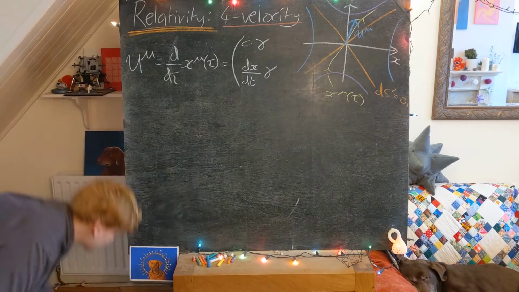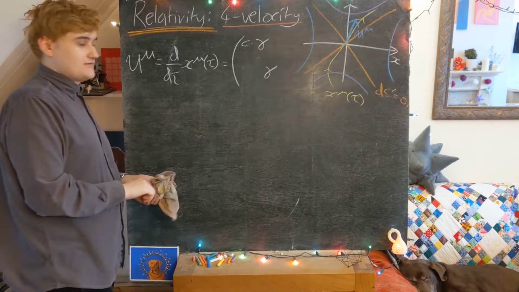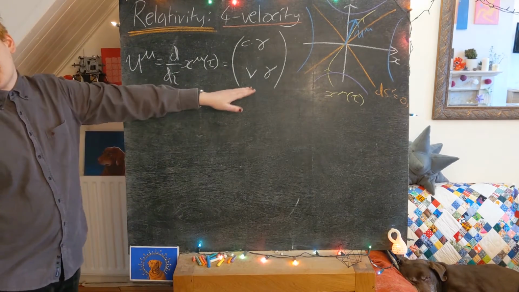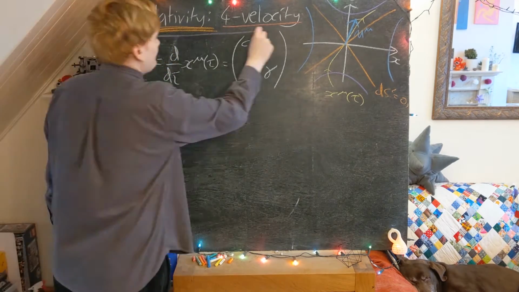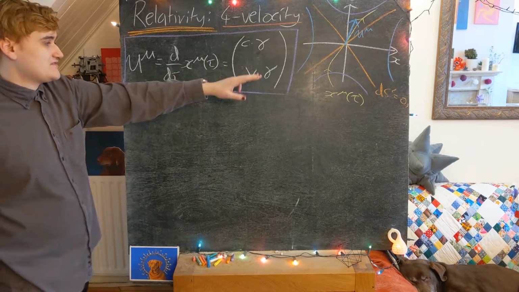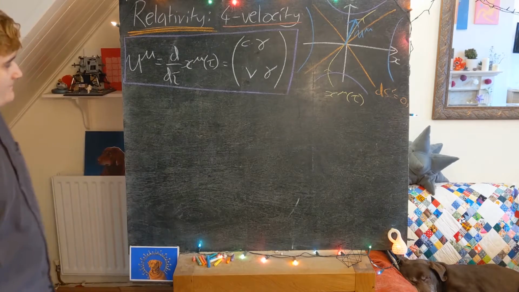And then we said this dx by dt is just now the coordinate velocity. So this is now a fairly concise way to express the forward velocity. But you should always remember that this gamma is a derivative of dt by d tau, and this v is a derivative of dx by dt.